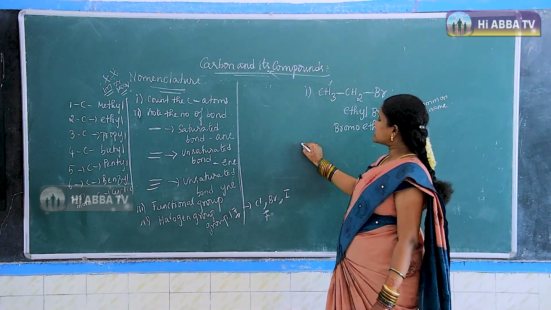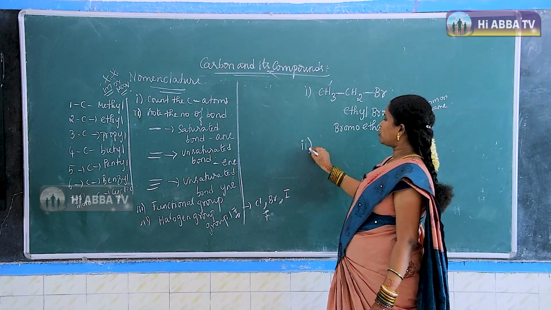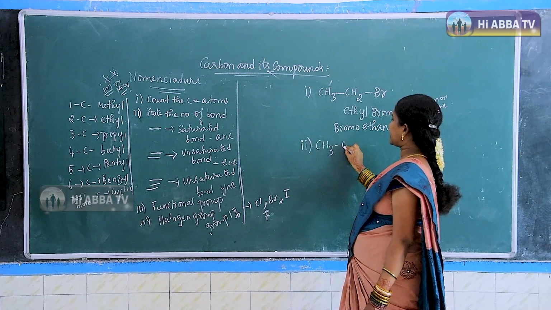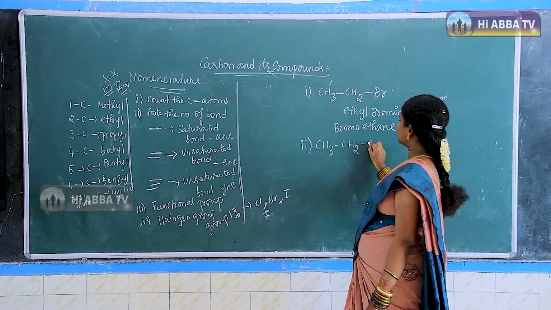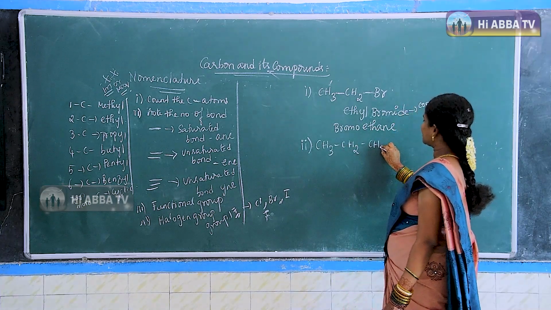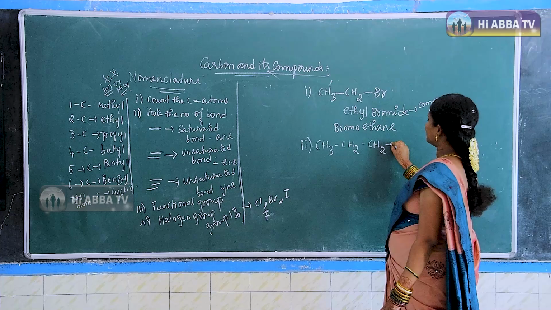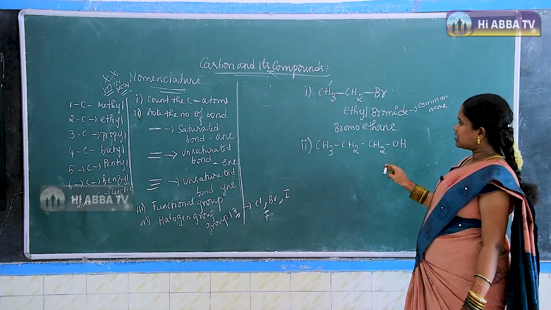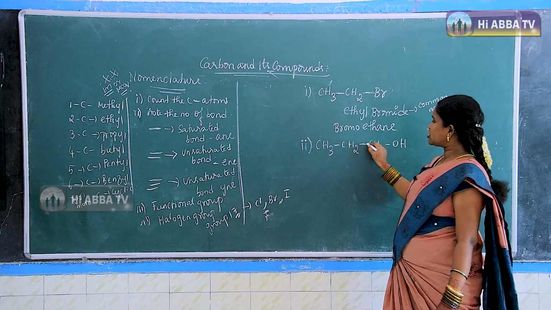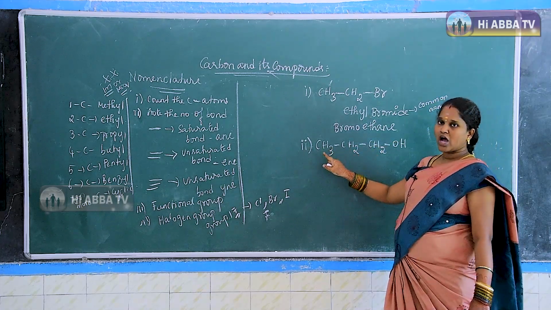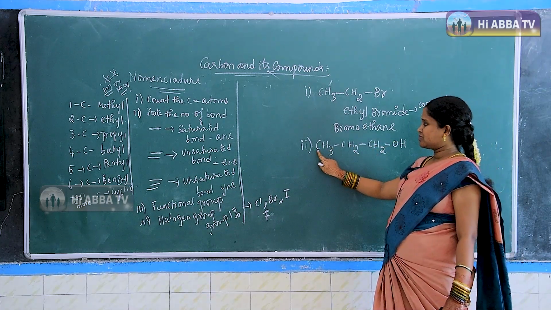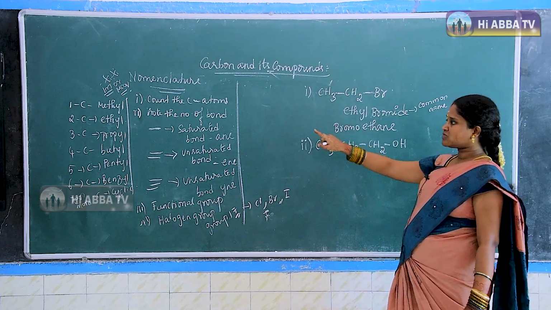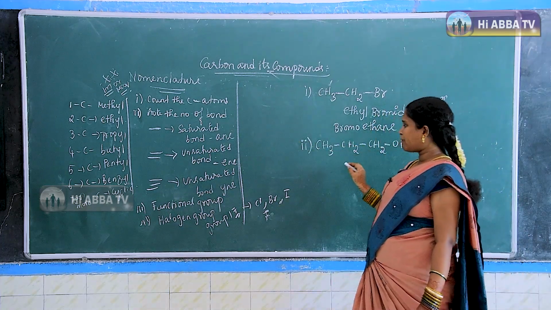The second example for naming the compound, we'll take this example. Okay. So first you have to check what? Count the number of carbon atoms. 1, 2 and 3. 3 carbon atoms. So we know that it is propyl.